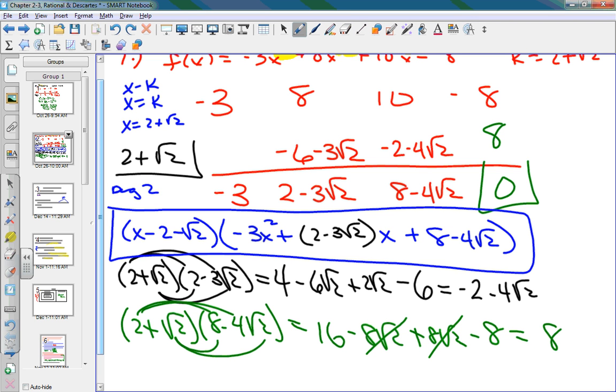Steph, you with me on that? Why do you put that out front? Why do I put this out front? Because the directions say you always put X minus K out front. You with me? Then this is my q of x. Okay? That's degree 2 now, and I bring it down. Why is this in black?